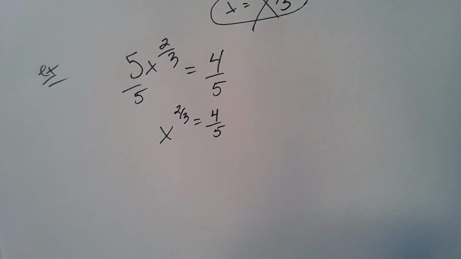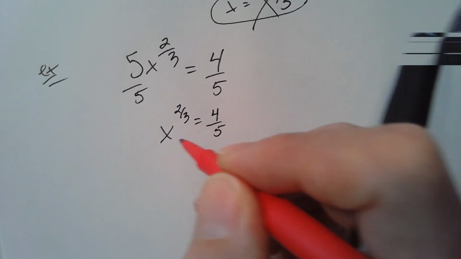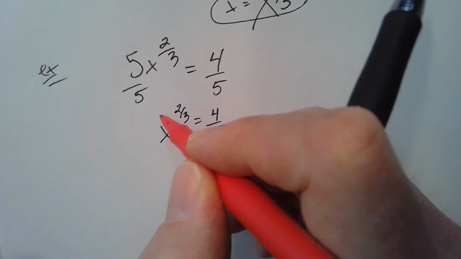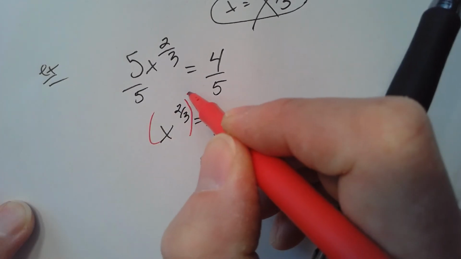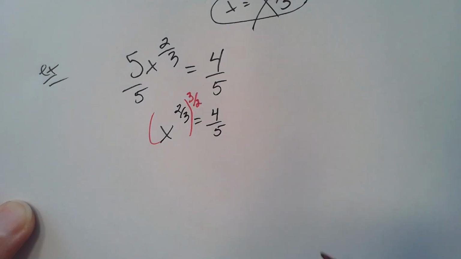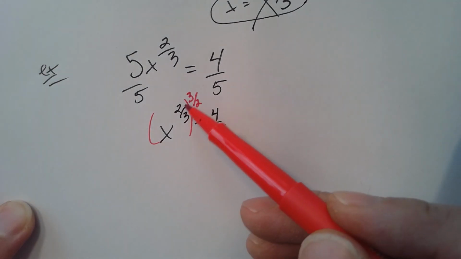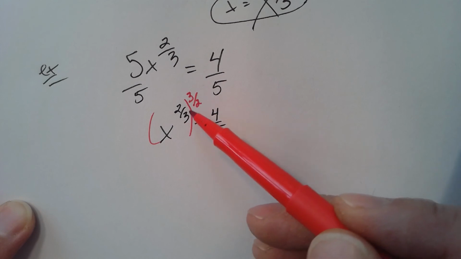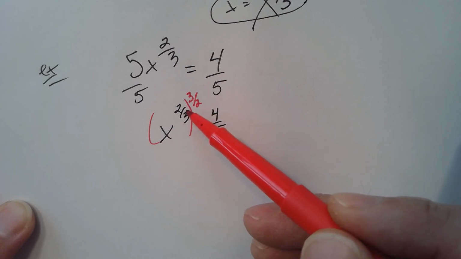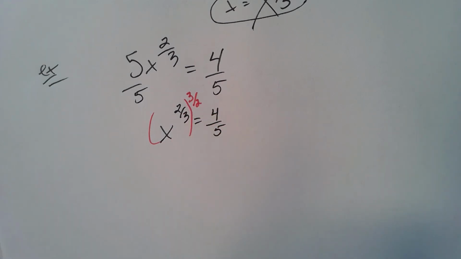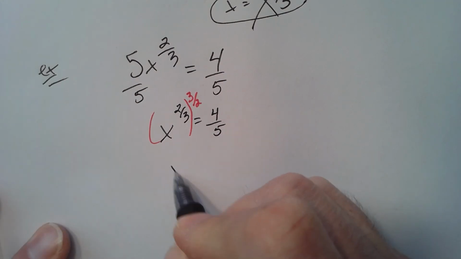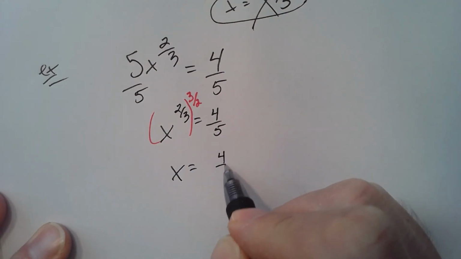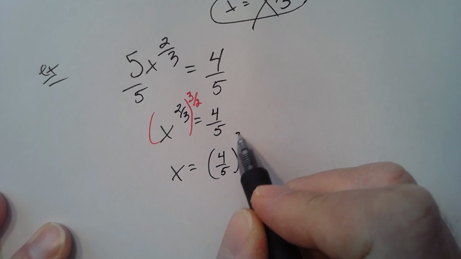We need to undo something to the 2/3 power because we're looking for x, not x to the 2/3. So if I take this to the 3/2 power, the reciprocal of that, and multiply those, you get 6 over 6, which is 1. So x to the first is just x. That's what we're looking for. We're looking for x. So x equals 4/5 to the 3/2 power.